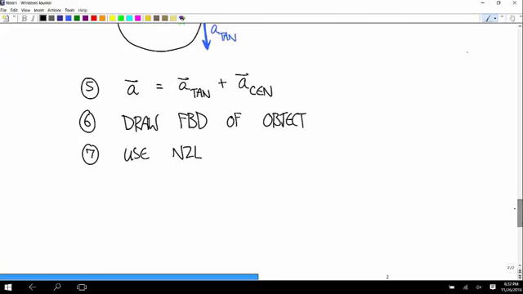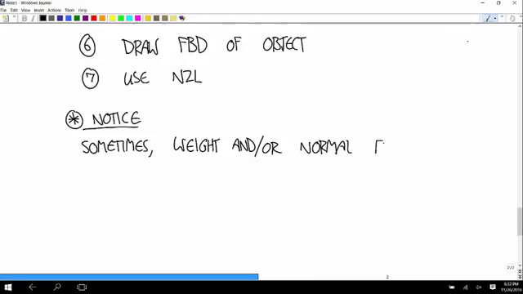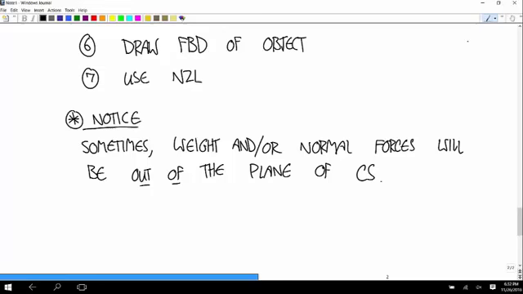One thing to notice with the free body diagram, so this will happen sometimes, and this hasn't happened in any topic yet, but sometimes weight and/or normal forces will be out of plane of the chosen coordinate system.